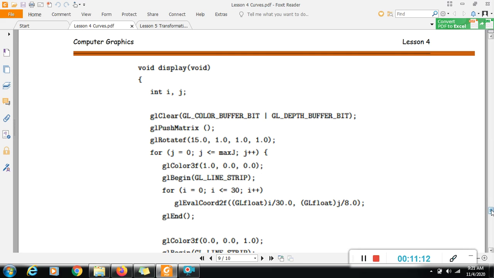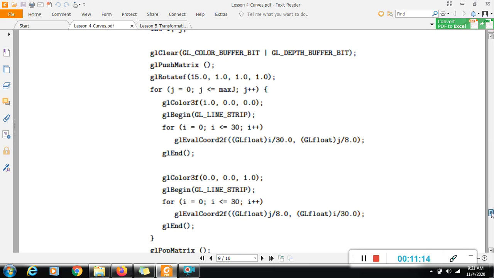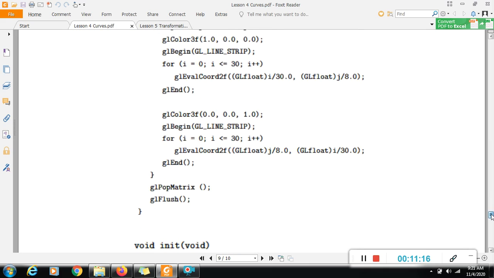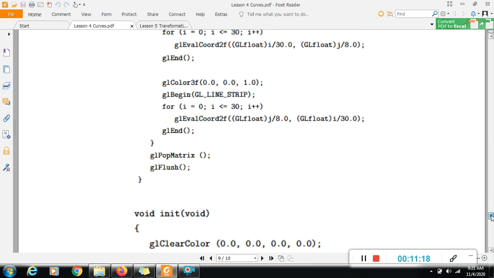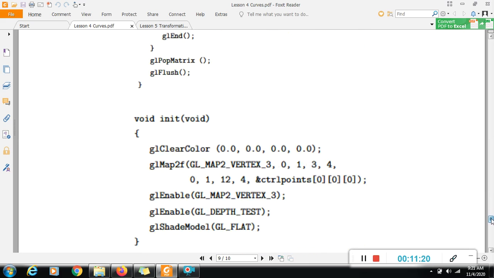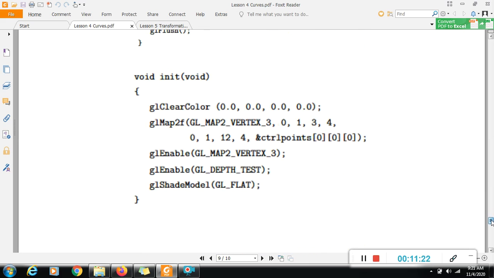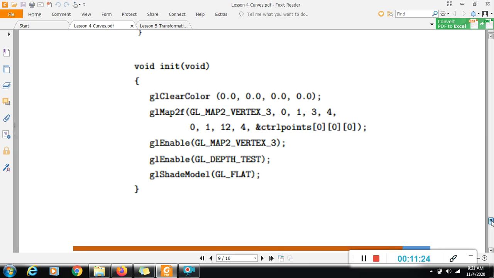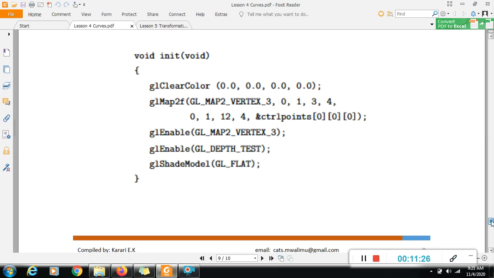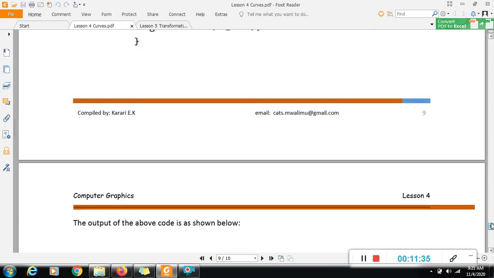That's what you're calling the steps. The color, of course, is to ensure that the lines are colored this time round, not just black and white. Even black and white, or gray, is a color to be defined. And of course the initialization you can see here: enable, map vertex 3, GL depth test, and the shade model for flat shading.